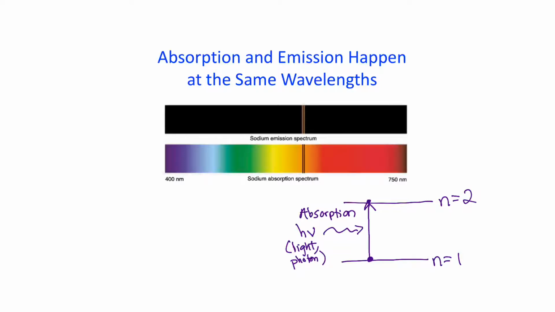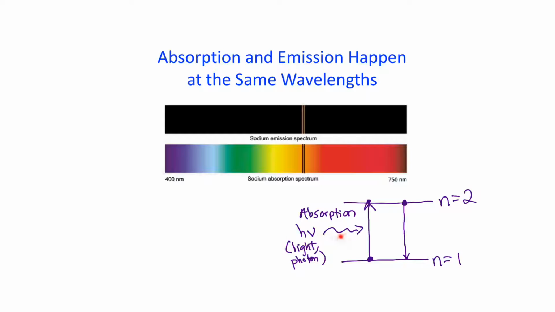All right, so once that electron gets excited up into that higher energy level, at some point it can't stay there unless you put a constant stream of energy in there. So at some point, it's going to drop back down to the original level. When it drops back down, it has to release that energy that we put into it.